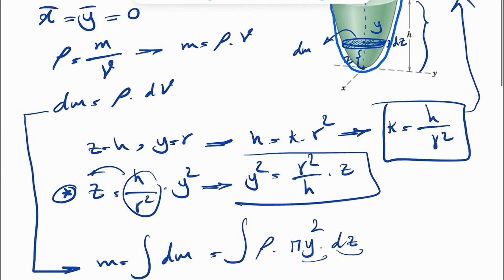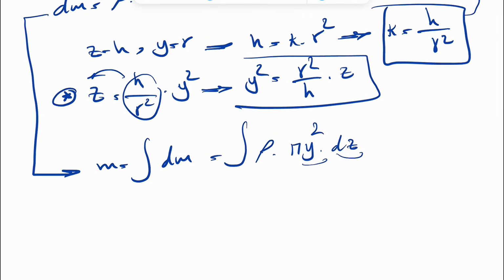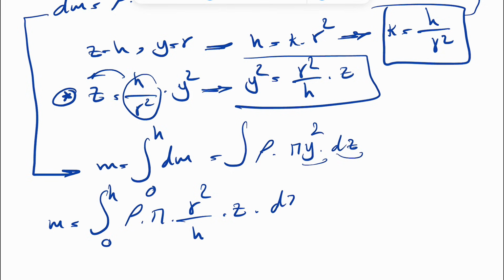Now it's pretty easy to find the dm. And the mass, we know, goes from 0 to h, which is the height. So m would be the integral of rho pi times r squared over h times z dz.